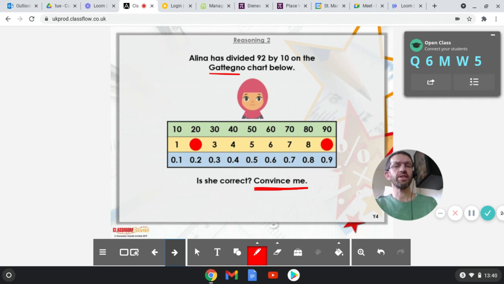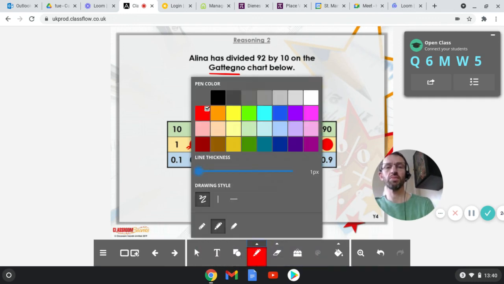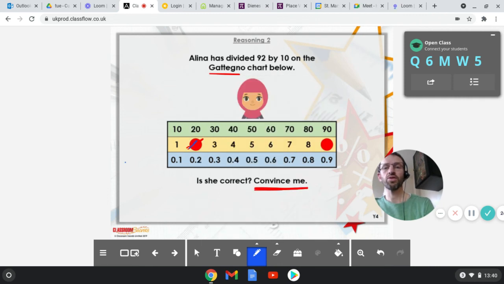And is she correct? Well, at the moment, the answer that she's put down is, well, here I've got a 2. Let's change the color so we can see my pen. Here I've got 2, and here I've got 9. But they're both in the ones row. These are all ones.